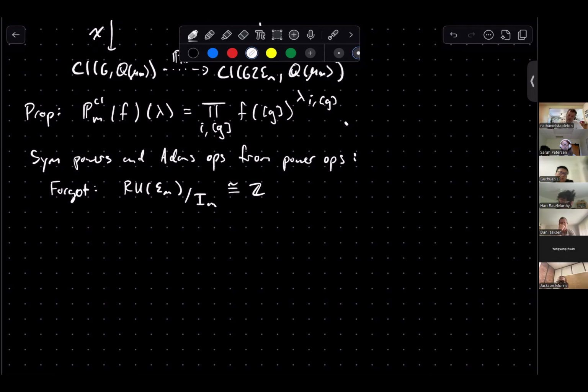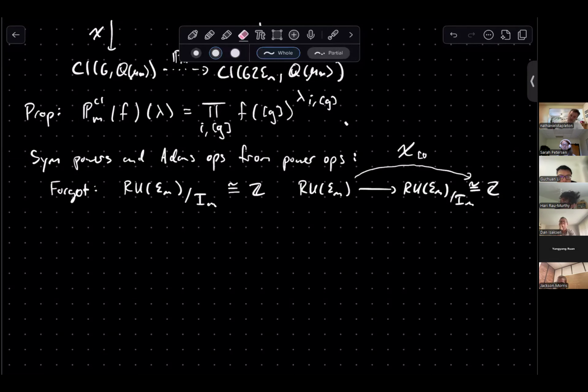And the quotient map from RU of sigma m to RU of sigma m mod IM, and then follow it with this isomorphism to Z, this quotient map right here, is actually the character of the representation evaluated on the conjugacy class of the long cycle.